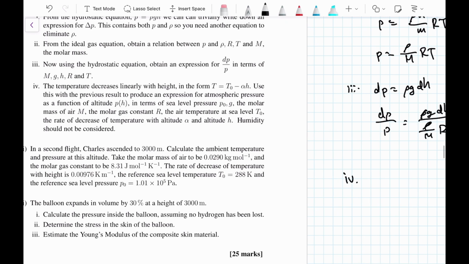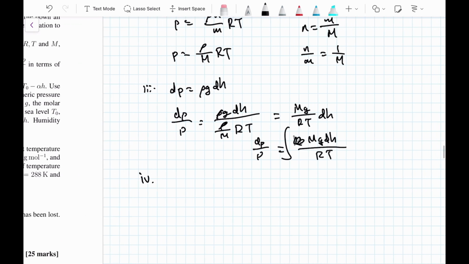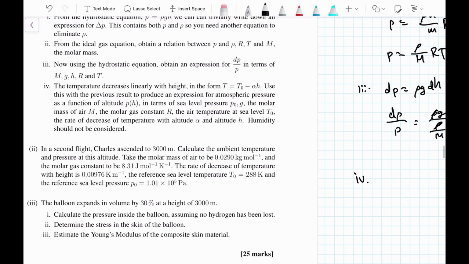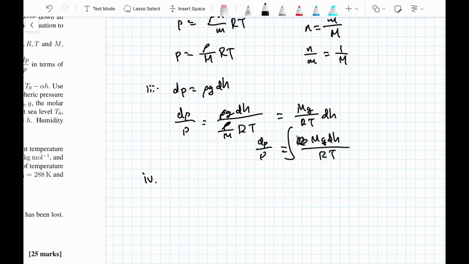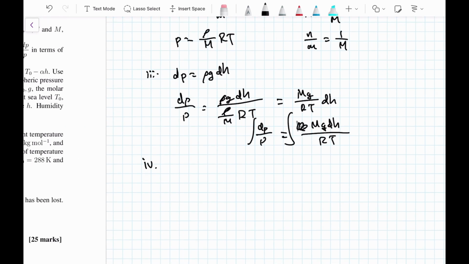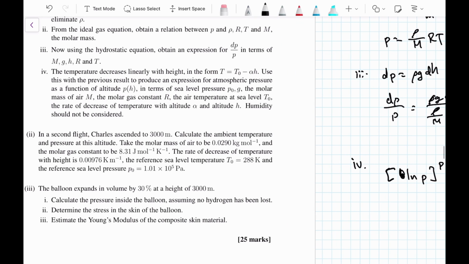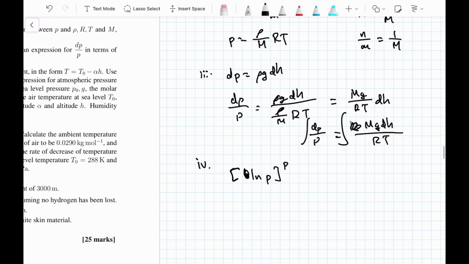So it's basically just integrate the equation. We have to integrate both sides. On the left side, we have ln P from P0, the sea level pressure.